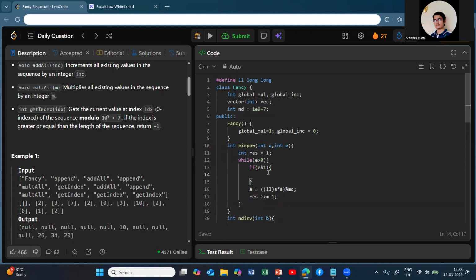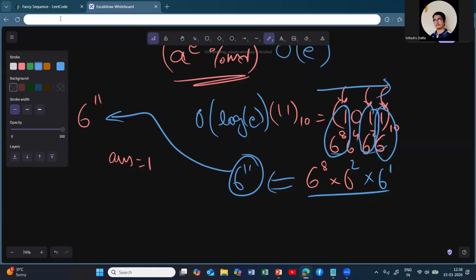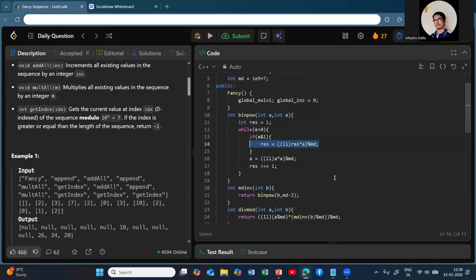So if the ith bit is set, what you do, you multiply result equal to result times this, and you also have a long and also perform a whole modulo. Whenever the bit is 0, you do not multiply it, and whenever the bit is high, you just multiply it. Okay, so by doing this, you easily get this 6 power 11. Yeah, it is as simple as that, and you can simply return result, right?